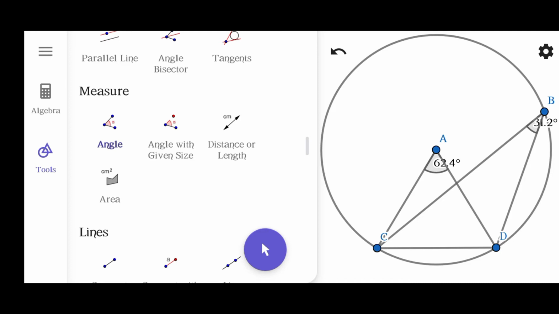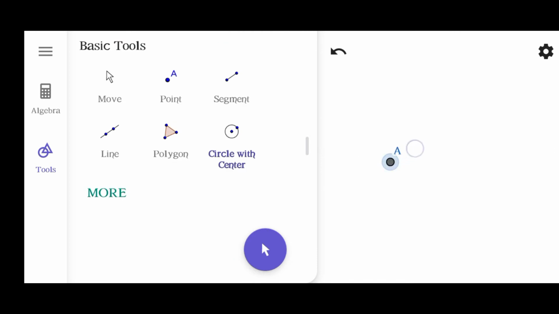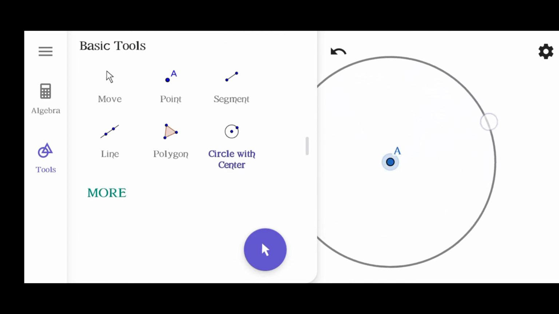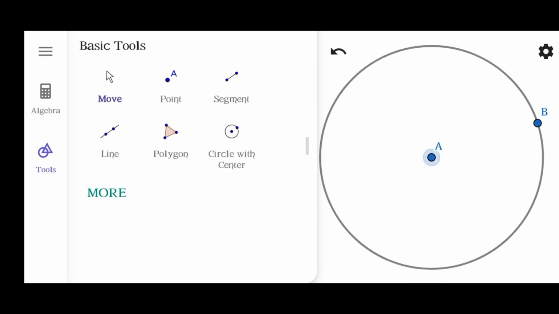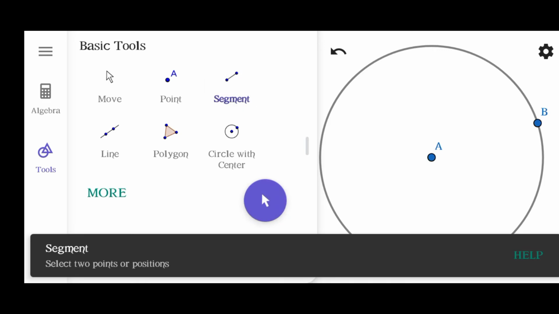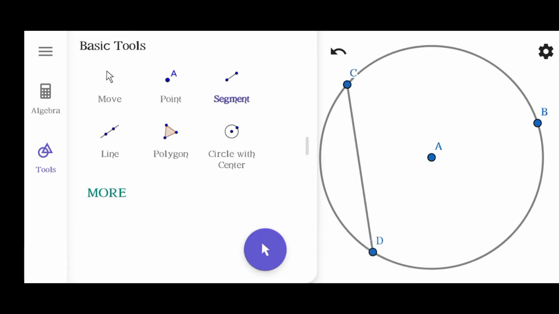Let's try another circle with center A and B, a point on the circumference. Let me locate my chord CD. This time I decided to make it diagonal.